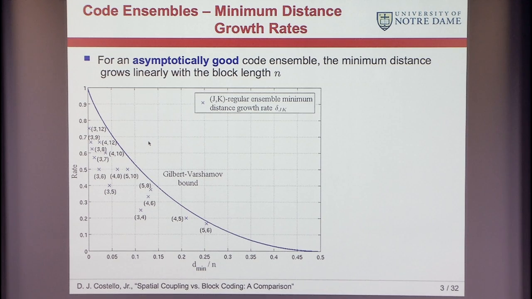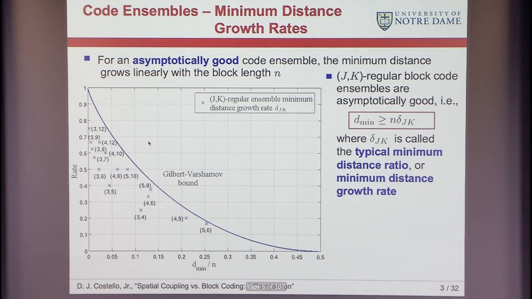Now, one of the things that's interesting with regard to ensembles of codes is the minimum distance properties. Regular LDPC block codes are asymptotically good ensembles in the sense that the minimum distance grows linearly with block length.